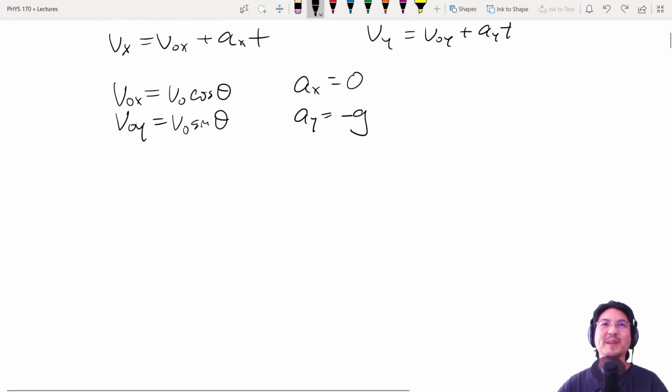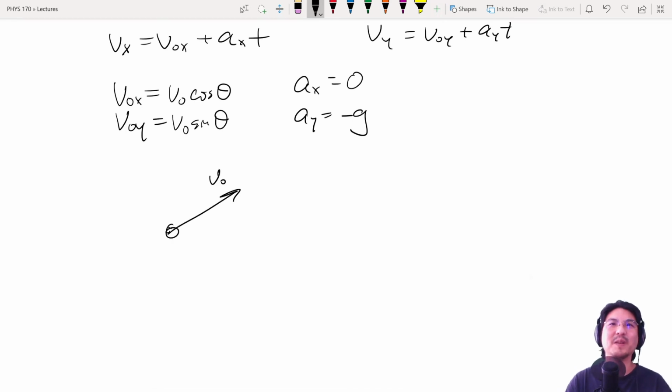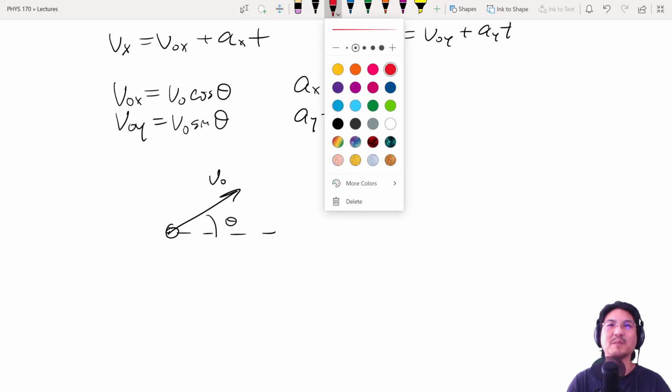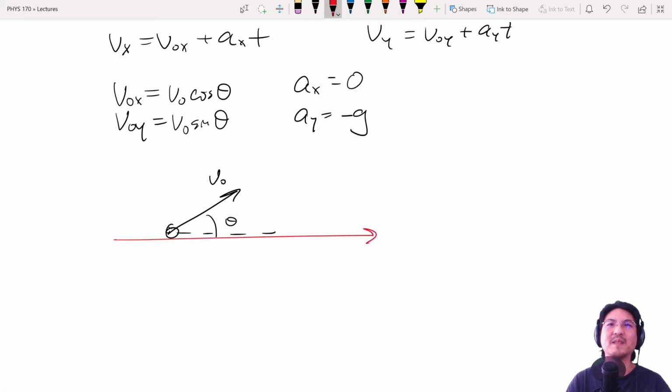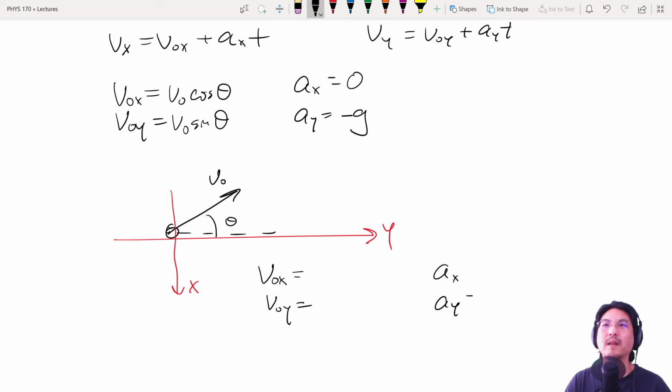But let's say you kick a ball, but then you want to pick coordinates maybe like this. Nothing wrong with that. So gravity is this way.